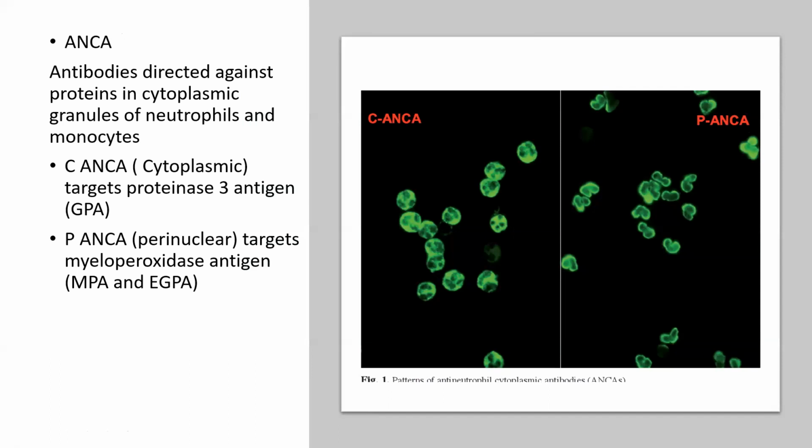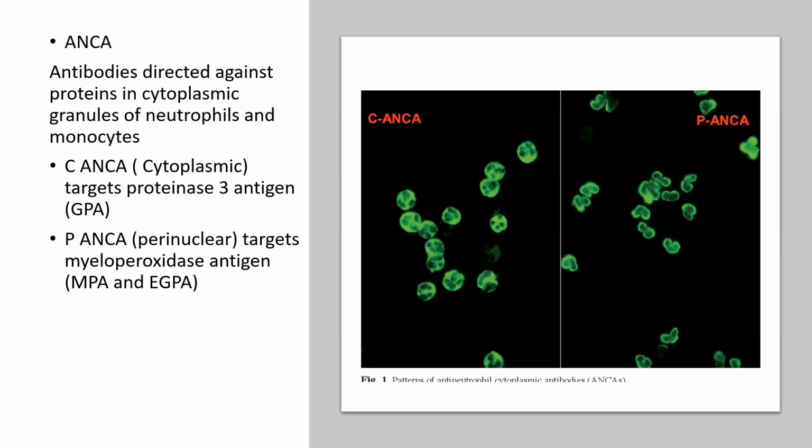So just a brief revision on ANCA. ANCA is anti-neutrophil cytoplasmic antibodies, and these are antibodies directed against proteins in the cytoplasmic granules of neutrophils and monocytes. There are two types. One is found in the cytoplasm, which is given the prefix C, and this targets the proteinase 3 antigen, and it's seen in GPA.